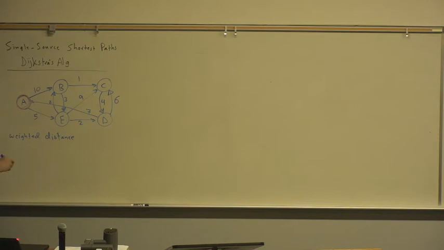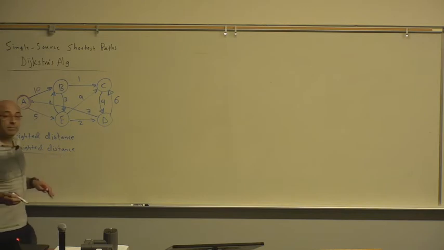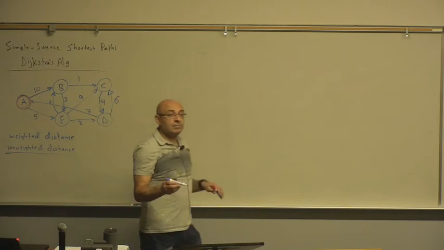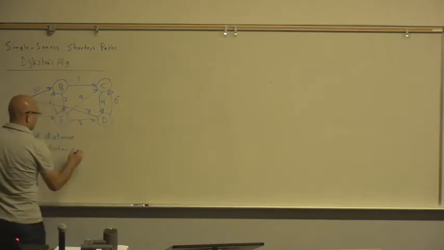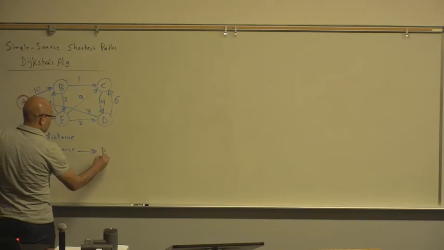Now, if we had been interested in the unweighted distance, we have already studied an algorithm that solves this problem. And what's that algorithm? BFS, yeah. So if we are interested in the unweighted distance, then we can use BFS.